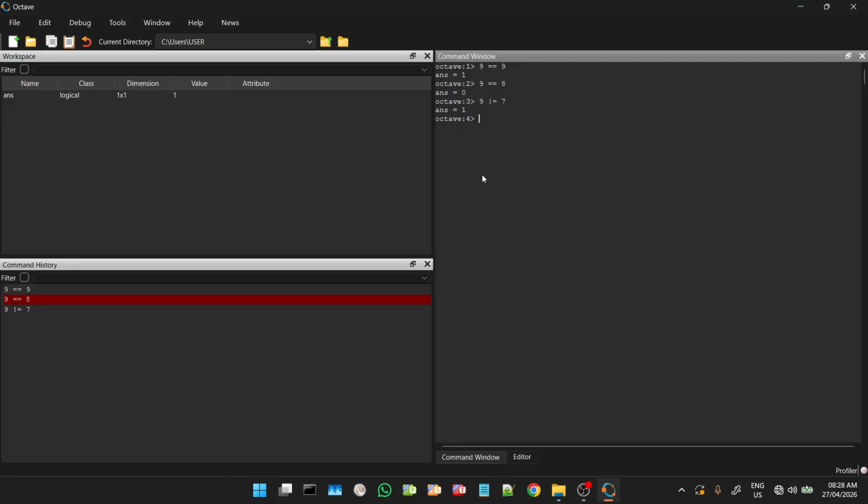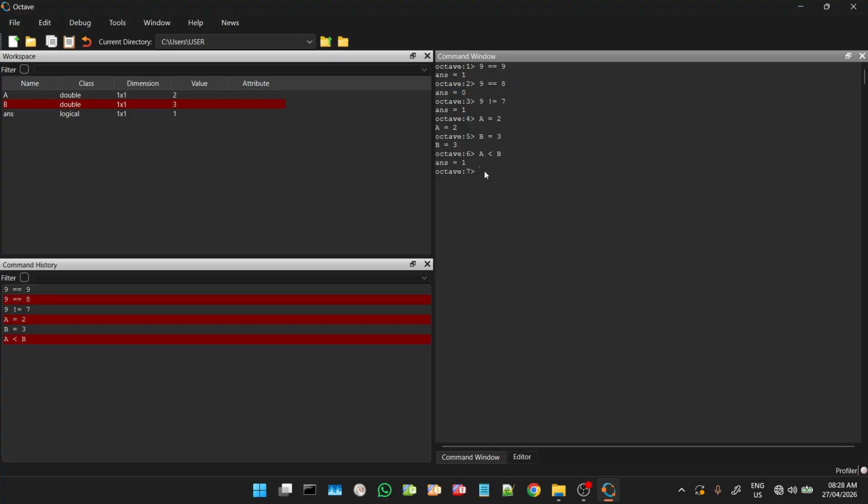Well, we can use this when it comes to comparing variables. For instance, let's say a is equal to 2 and b is equal to 3. Now we can check whether a is less than b. It is true.